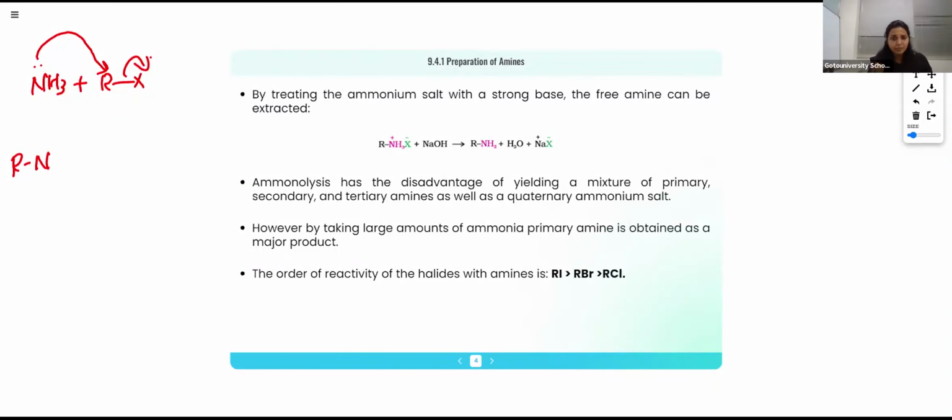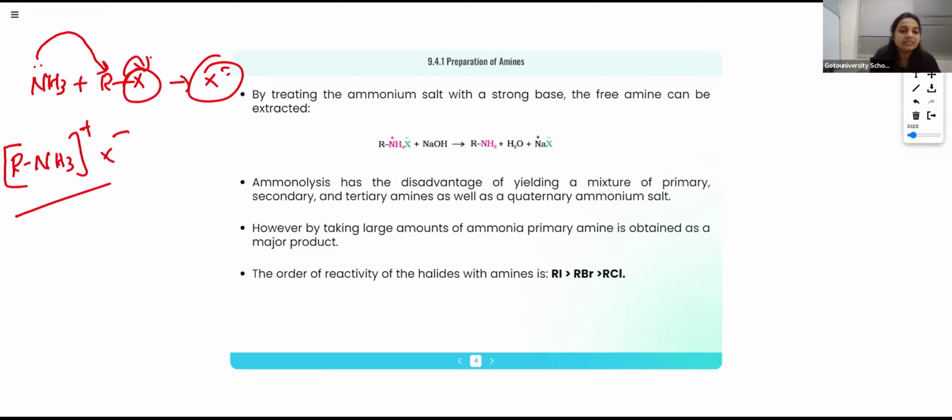Not only the NH4 plus group; hydrogen may be replaced by alkyl groups also. So what is the product? RNH3 plus. When these electrons are moving here, this halogen will get a negative charge. So this bond is splitting and this one will convert into X minus. That X minus, due to the attraction, will attack here and form RNH3 plus X minus.